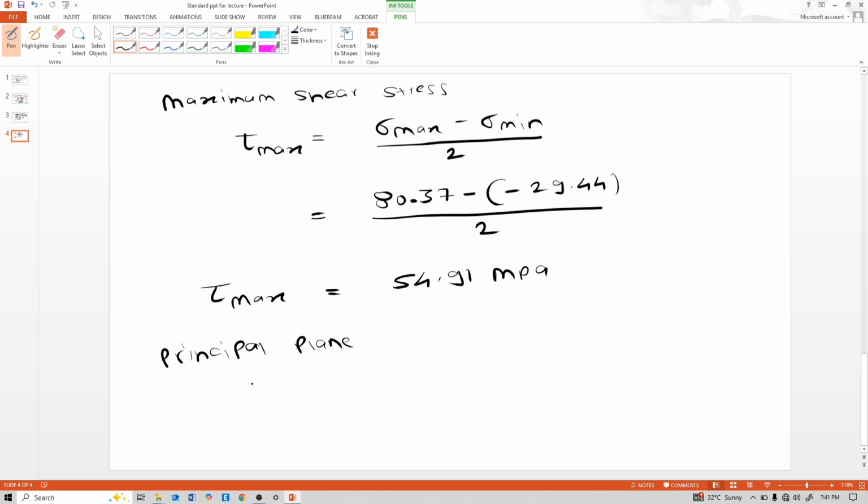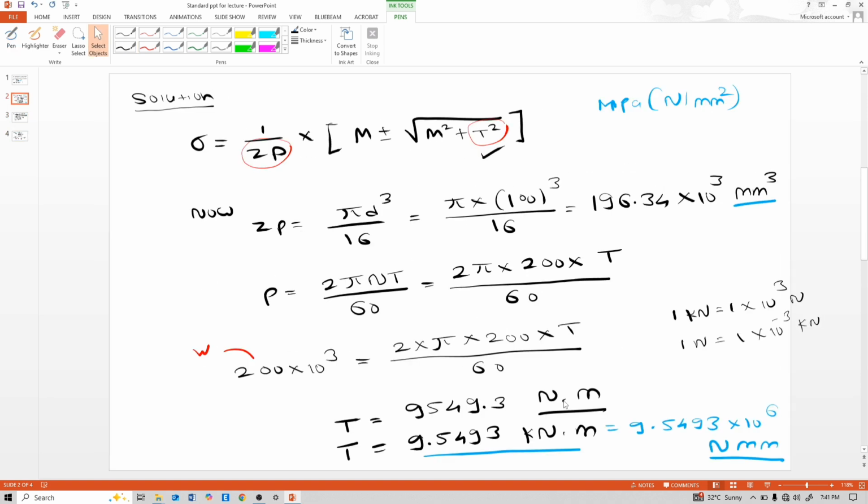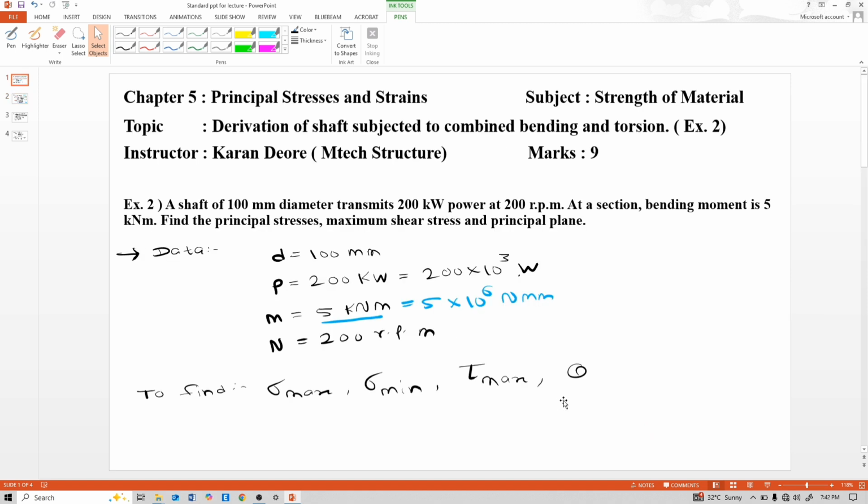The principal plane formula is tan 2 theta is equal to T by M. So therefore 2 theta is equal to tan inverse of T by M. We know that T is 9.5493 divided by M is 5, and tan inverse is 62.36.